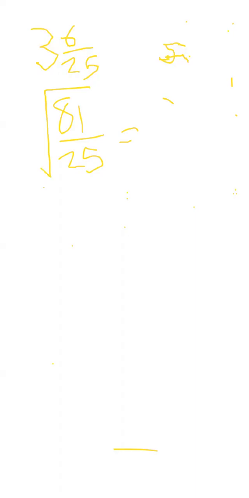Great. Okay, so that's 9. But then don't forget the 25 under, and the square root of 25 is what? 5. Excellent. So that's 9 over 5. And of course, if I have to take it back to a mixed number, it's going to be one whole number, 4/5. All right. So you want to write it down?